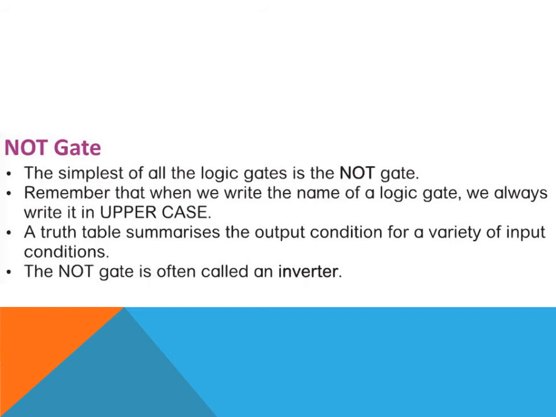Why? Because it just inverts the input. For example, if the input is high, it will give a low output. If the input is low, it will give a high output. That means if the input is 1, the output will be 0. If the input is 0, the output will be 1. Simple as that.